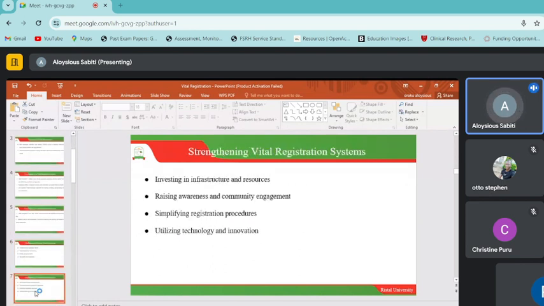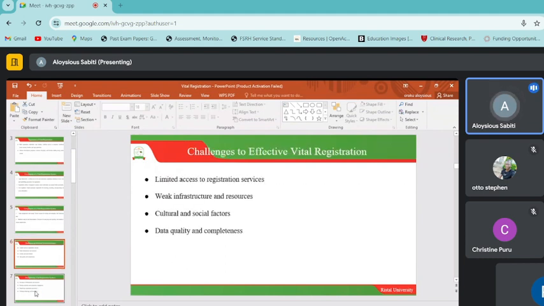We want to understand what are the challenges that come along with effective vital registration, because whereas vital registration could be a very important aspect in trying to solve our population data challenges, it has some challenges. And that is why most countries in Africa, specifically sub-Saharan Africa, do not have very effective vital registration systems.